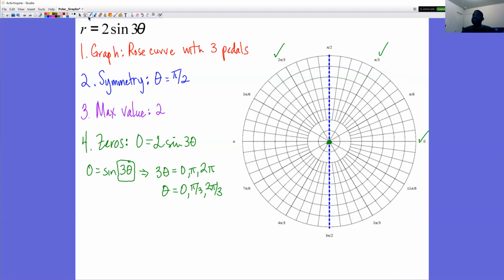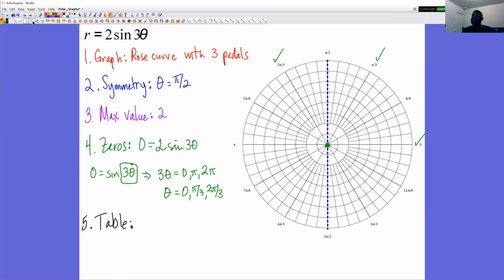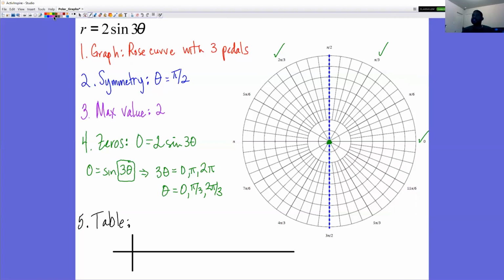Now I'm ready to draw my table. And again, the table is going to give us additional points to help us draw this rose curve.